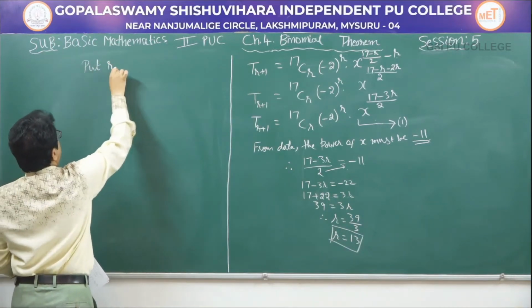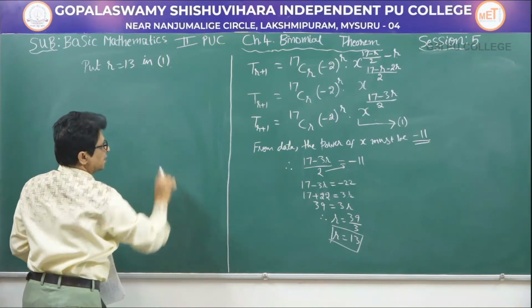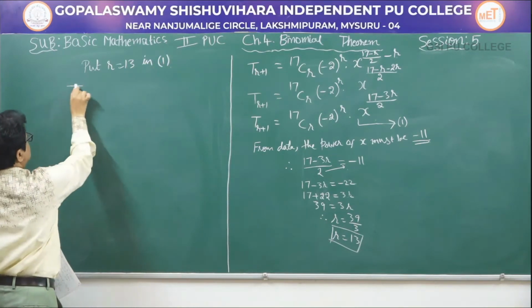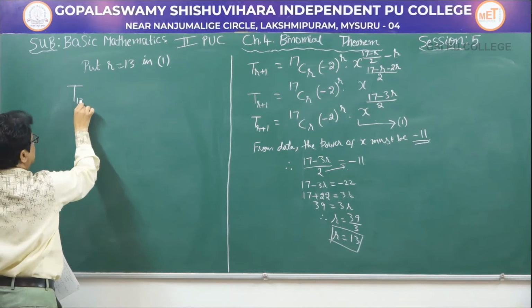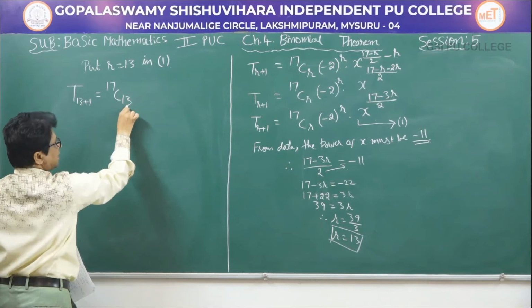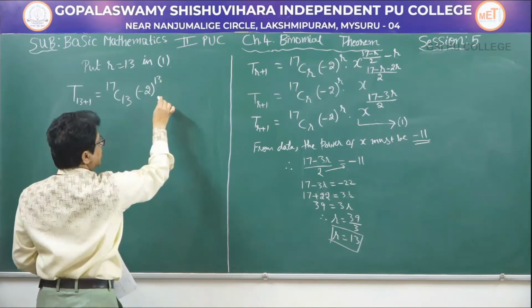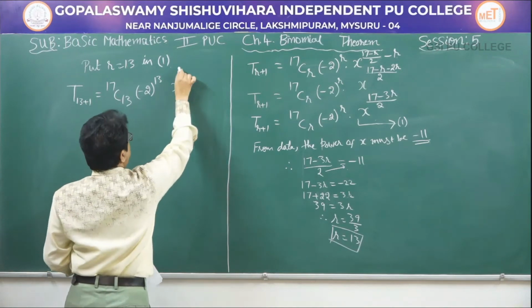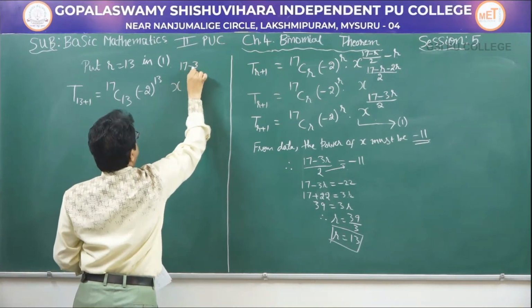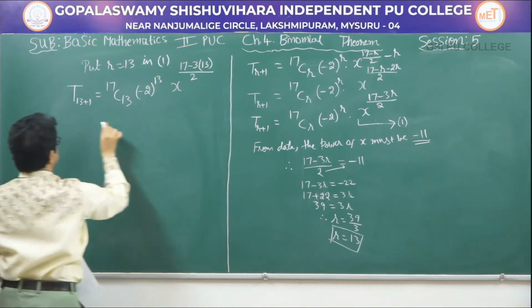Put r equals 13 in equation 1. We get T(13+1) is equal to 17C13 into minus 2 whole power 13 into x power (17 minus 3 into 13) divided by 2.